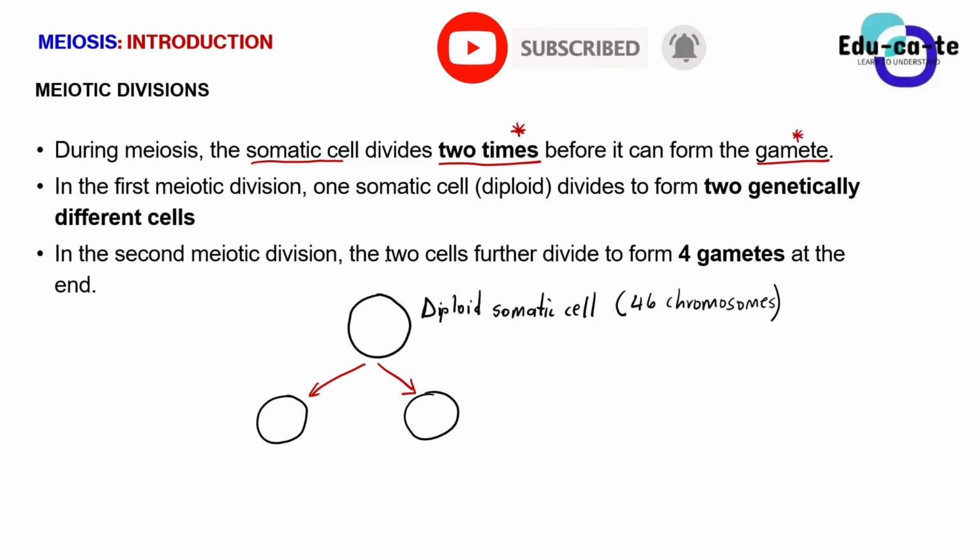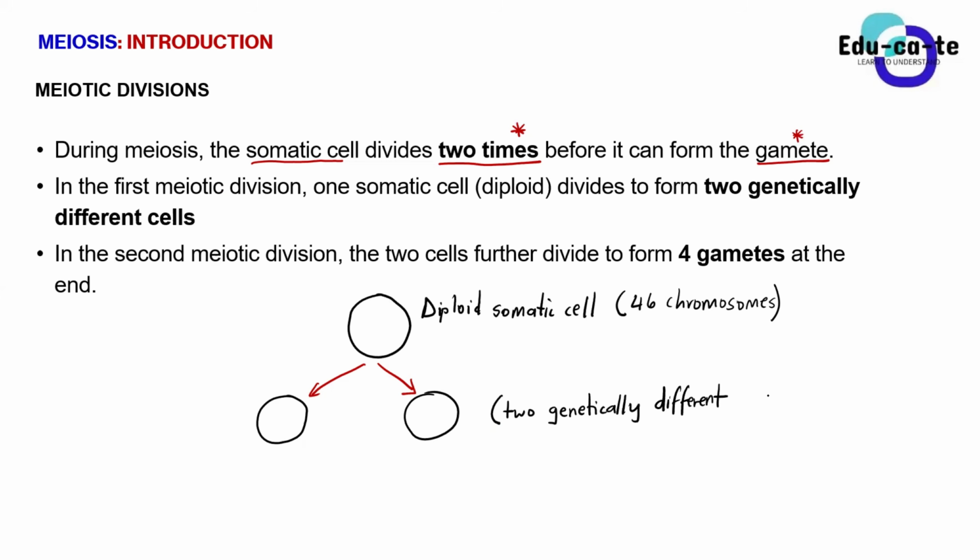We say that these cells are genetically different. So when the somatic cell or the diploid body cell divides for the first time, it will split and form 2 genetically different cells. Let's just say cells for now. Don't give them any term.